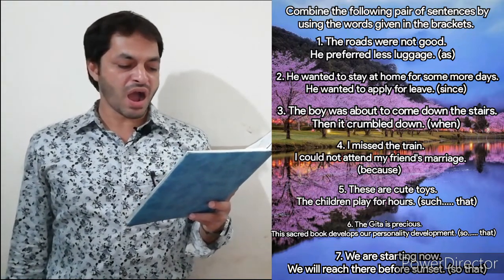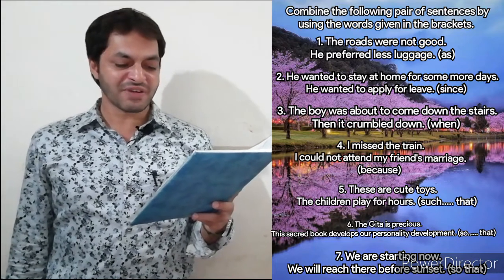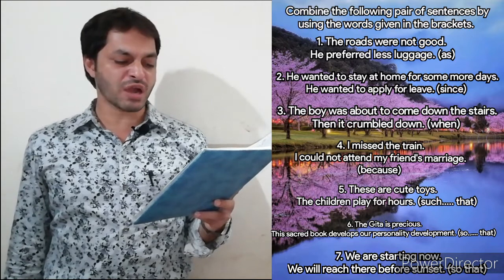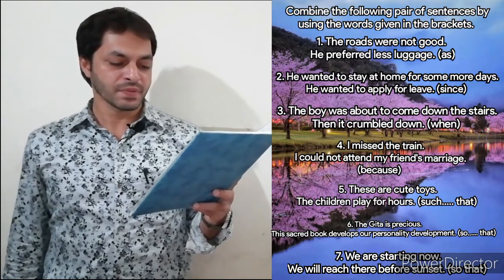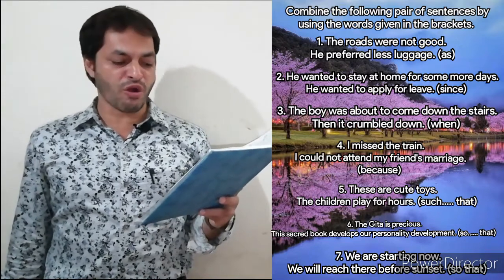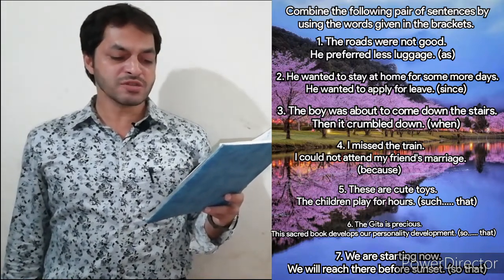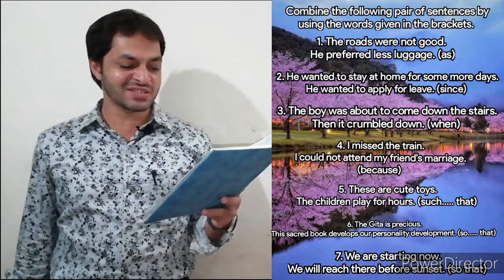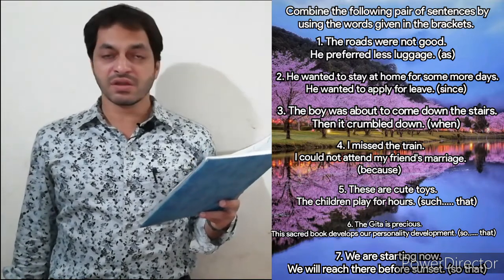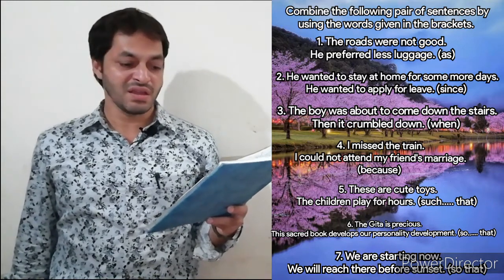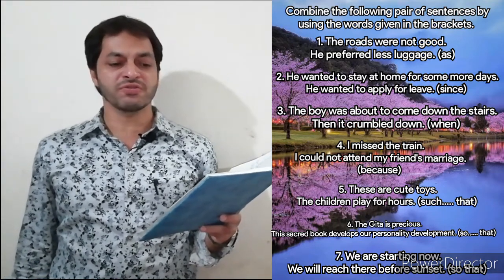I could not attend my friend's marriage. We have to combine with the subordinating conjunction because. I could not attend my friend's marriage because I missed the train. This is adverbial clause of reason.